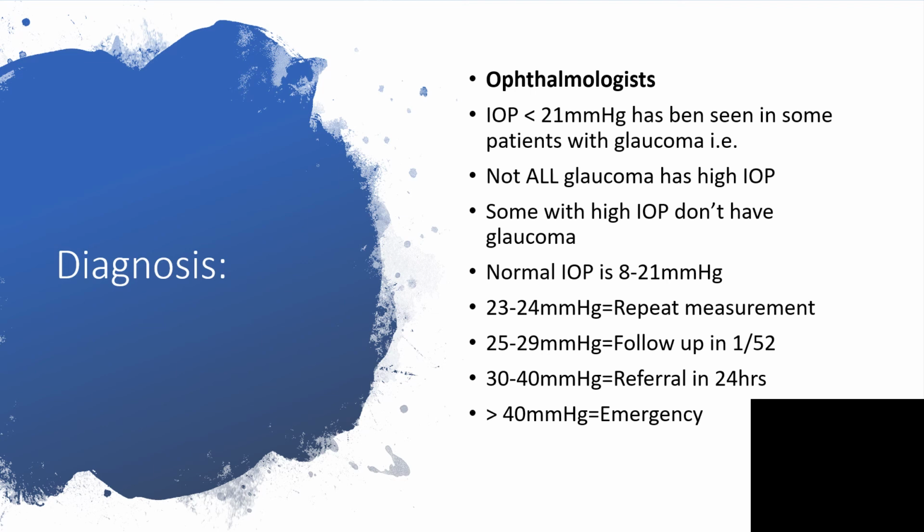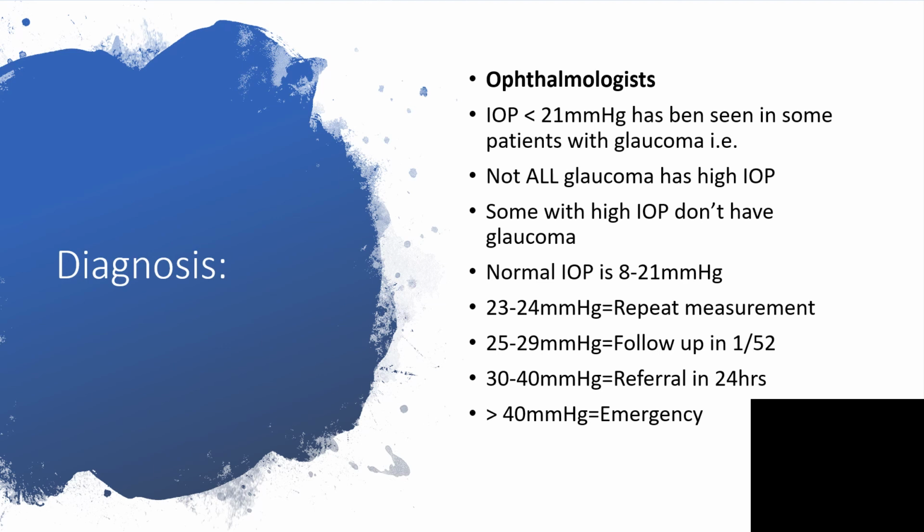So what are we talking about here? Just look for the signs and symptoms. Like I have stated at the beginning, the normal value of intraocular pressure is 8 to 21 millimeters of mercury. When you have 23 to 24, you repeat the measurement.